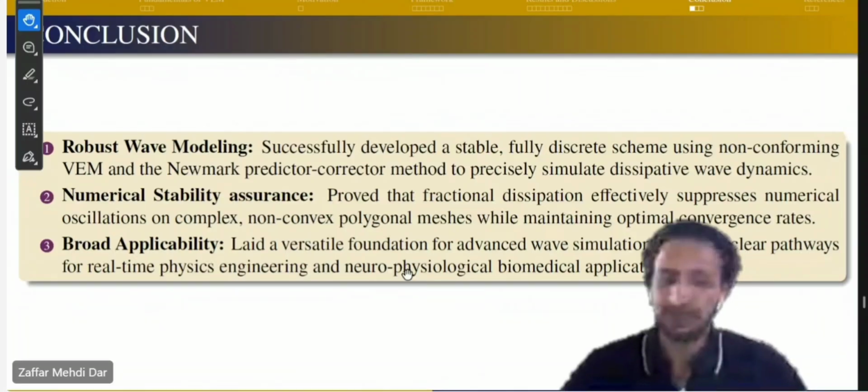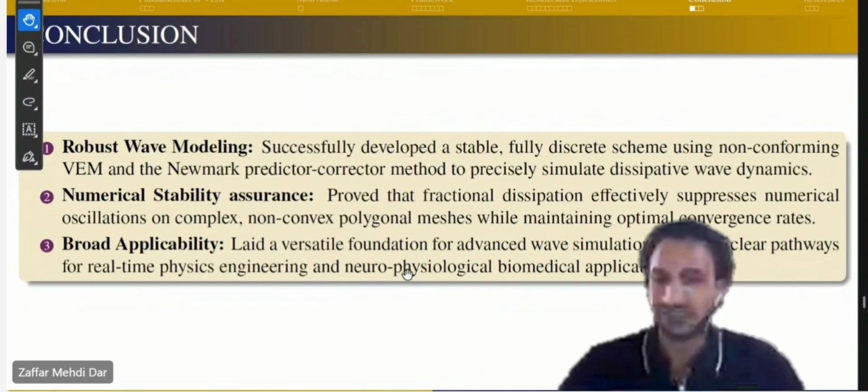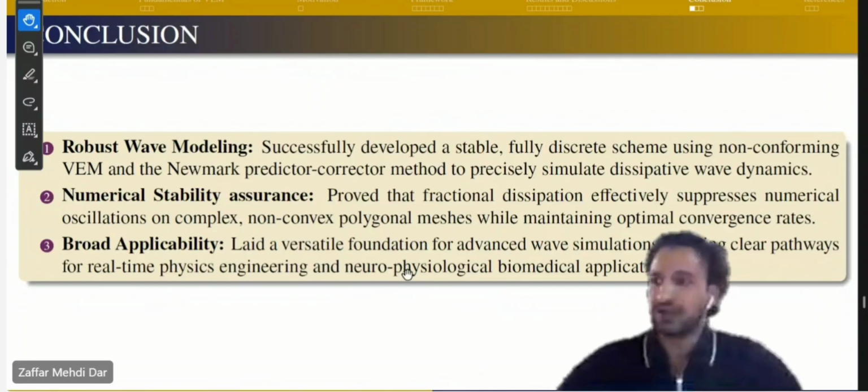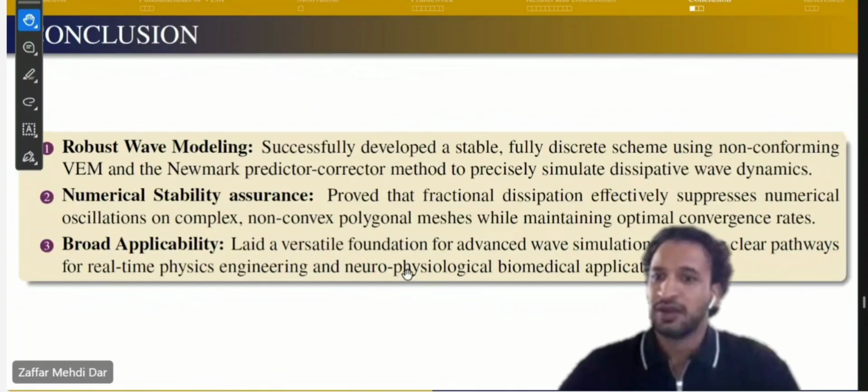So understanding any of these wave equations or any of these dissipative wave models, we are going to have direct implications in biomedical simulations or biomedical phenomena, wherein we can model such things in terms of sharper dissipative wave equations.